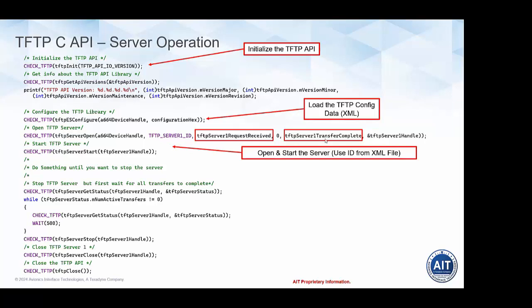Then there's also a callback function that you can register when you open the server that will get invoked by the library every time a file transfer operation completes. So if you started up the server here and a TFTP client asks to do a write request to write a file, first this function in your application would get invoked.